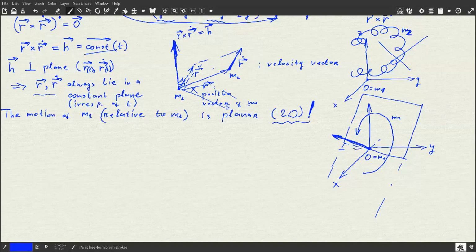Yes, thank you. Okay. And now, because it is a planar motion, we can introduce two-dimensional coordinates. So let us introduce axes in this plane, which I will denote by psi and eta, with the corresponding normal vectors as usual, i and j.